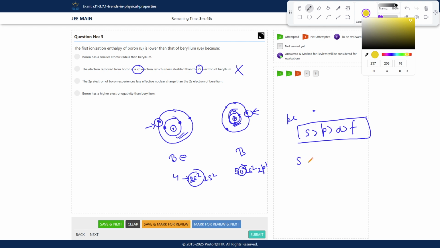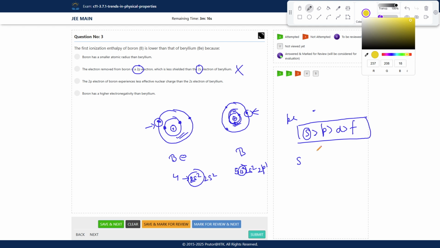S is present closer to the nucleus as compared to p, since the penetration effect is more. Yes, the right word is proximity. So s is more proximate to the nucleus. Therefore, it will experience a greater nuclear charge as compared to the 2p electron.